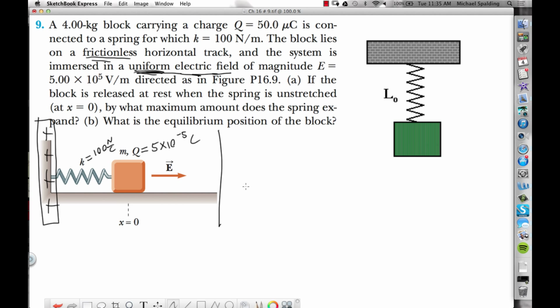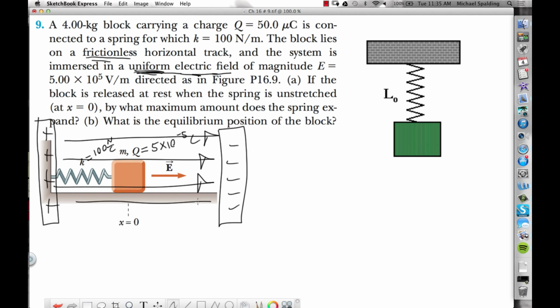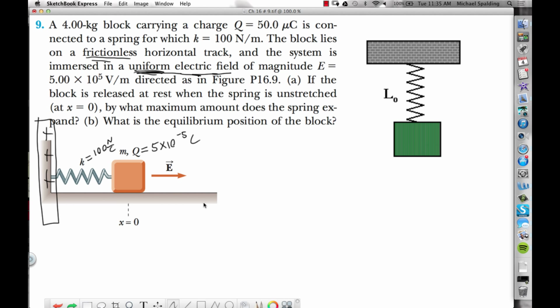Over here is a negative plate, and then there's an electric field in between, like that. But for now, I'm going to move this. This electric field is 5 times 10 to the 5th volts per meter. That's 500,000 volts per meter.